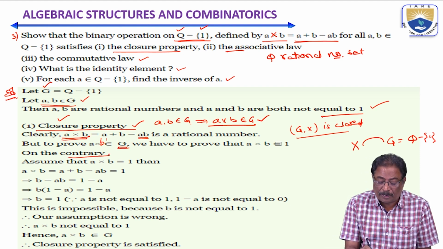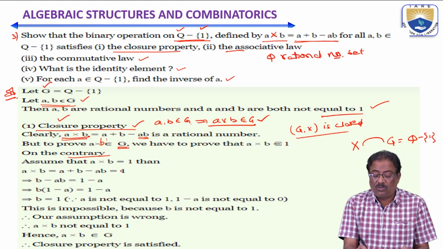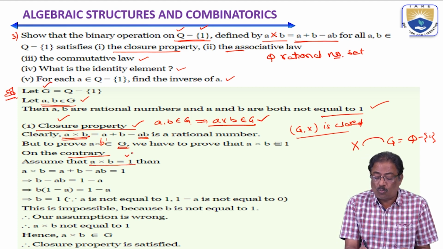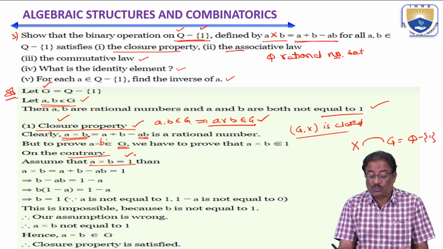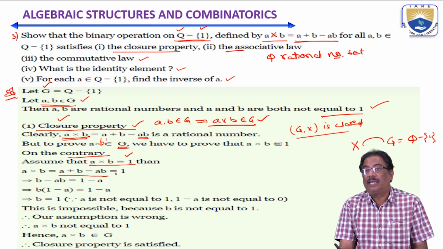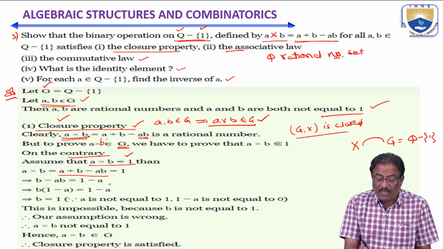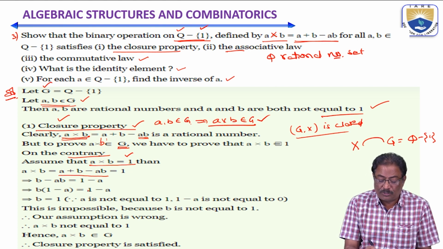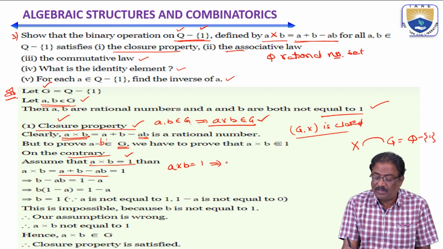Suppose A cross B is equal to 1. What is A cross B? It is nothing but A plus B minus AB is equal to 1. So from this, I am going to find out what the B value is. So A plus B minus AB is equal to 1.